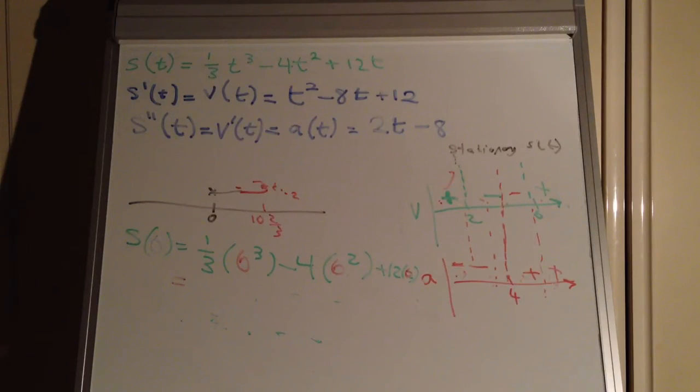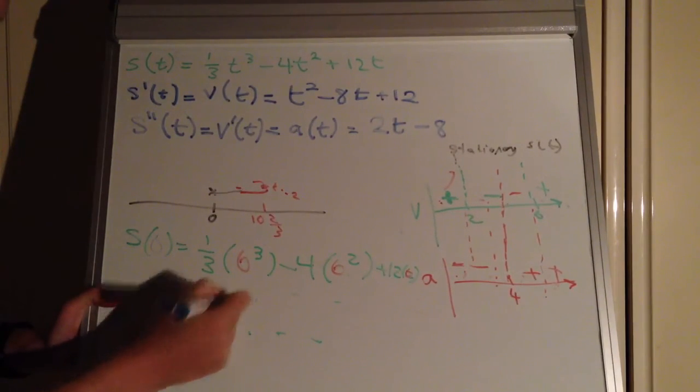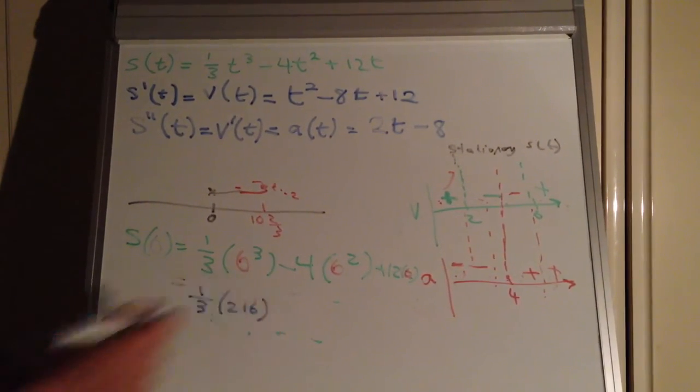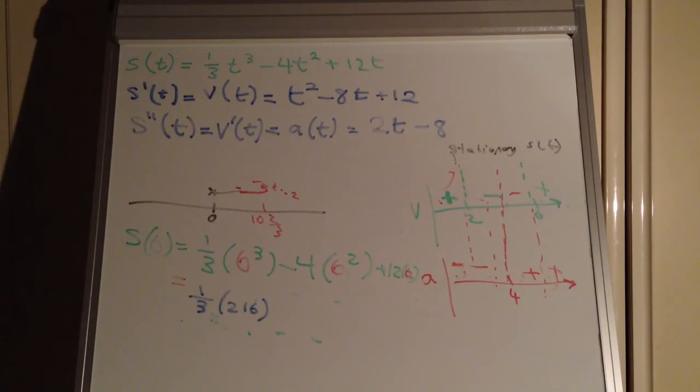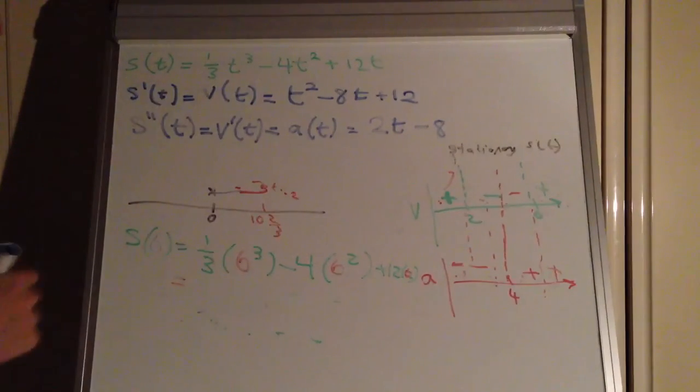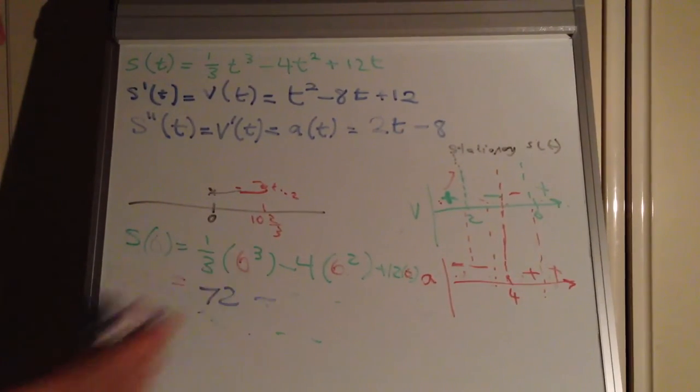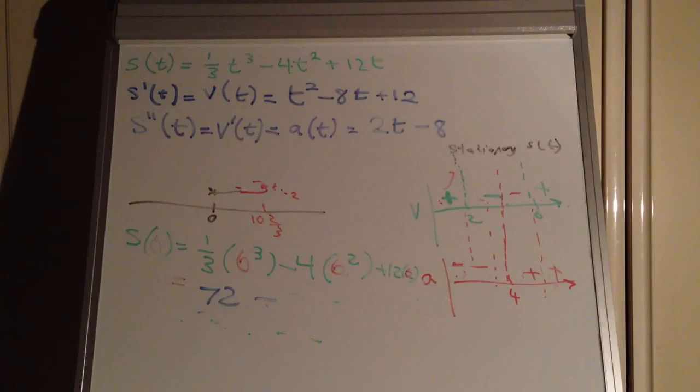So we have 1/3 of 216. Can I divide 216 by 3? Pretty sure I can. Yes, 72. Because we got 72 there, I'm just going to put that straight in. And then we have 4 times 36, and 4 times 36 is 144.